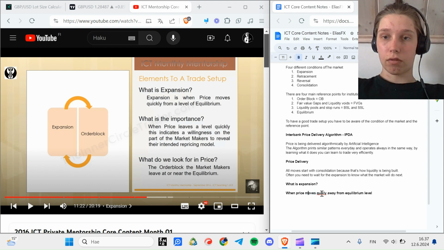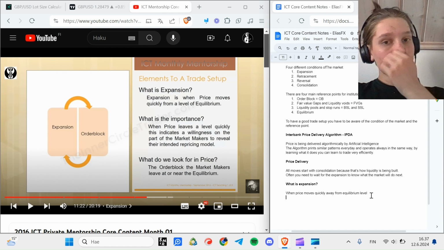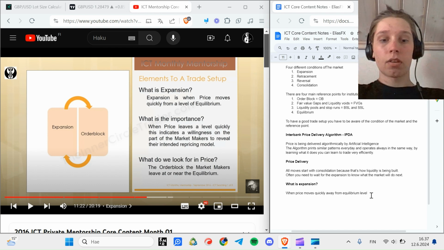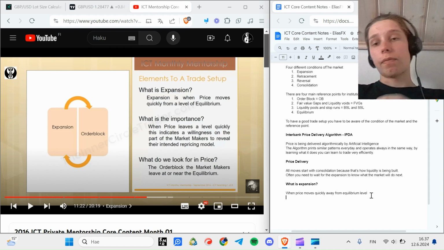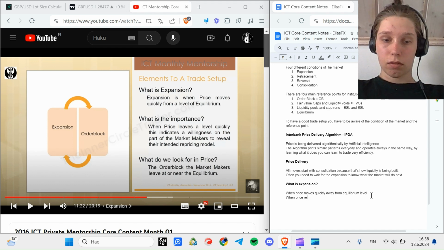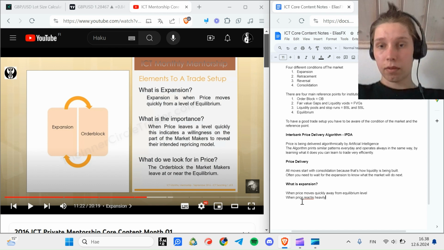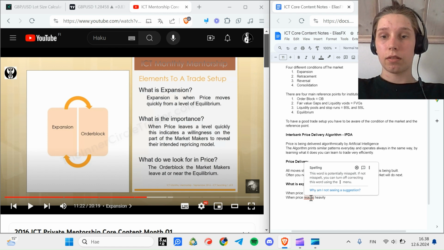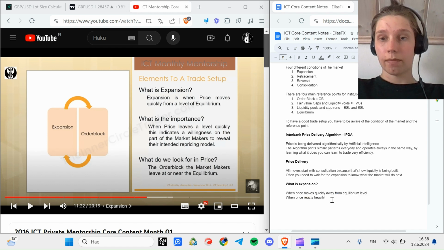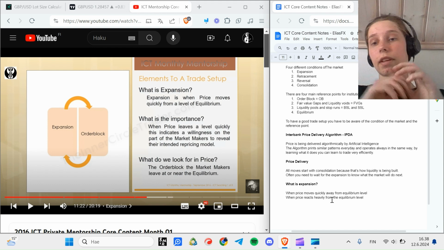From equilibrium level. Okay. Yeah, and let's put that when price reacts heavily from that equilibrium level.